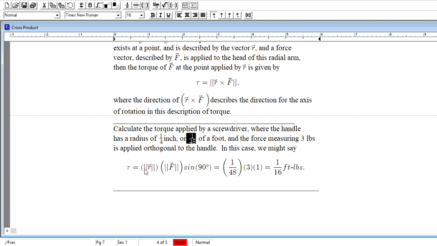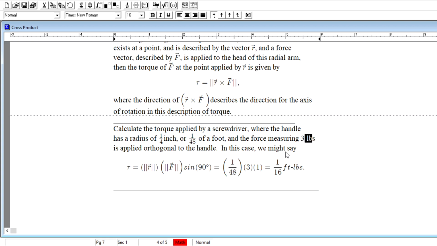This is the length of R bar. This is the magnitude of the force being applied, 3 pounds. And it's being applied at an angle that's orthogonal, which is 90 degrees. So I'm going to lay this out rather generally in this statement here, where then if we fill in 1/48 for this, we have this. If we fill in 3 for this force magnitude, we have this. And then the sine of 90 degrees we know is 1, so really it's just 3 times 1/48, which simplifies to 1/16.